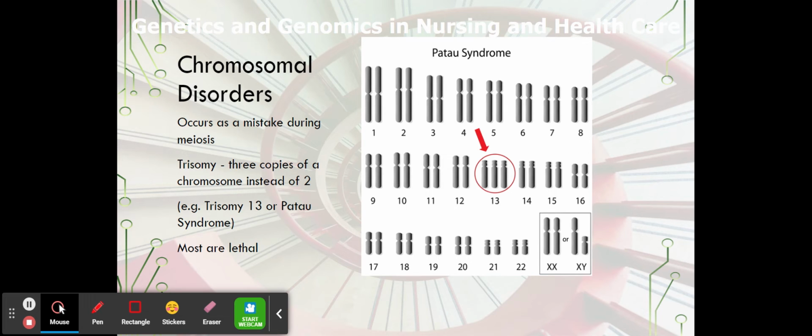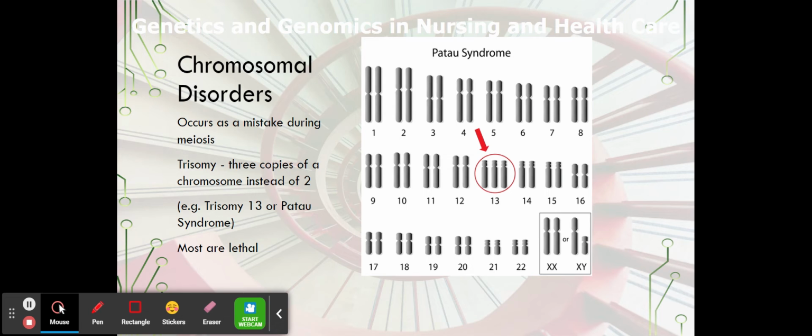Most often it affects the ovum because unlike men who are producing gametes all the time throughout their lifespan, women are born with all the eggs they're ever going to have. Now, going from meiosis 1 to meiosis 2, as that material gets older and the quality of the egg diminishes, we have more of a chance of making a mistake.